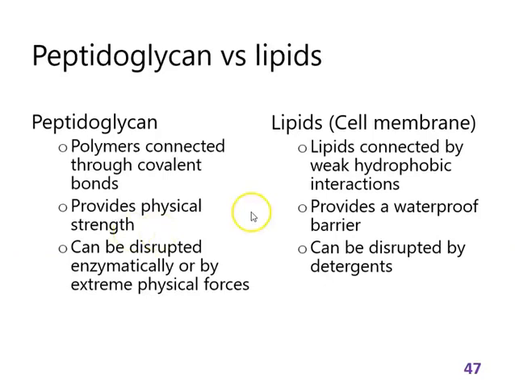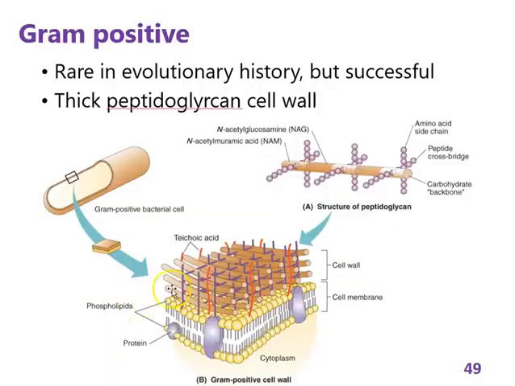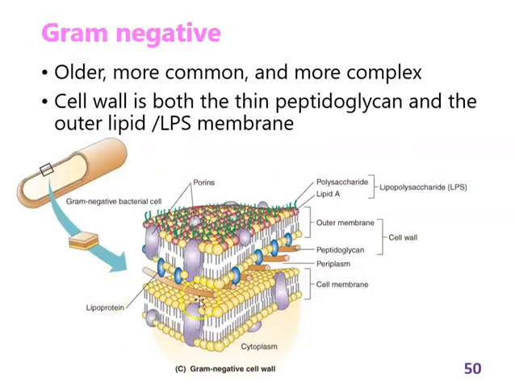Here is a slide that distinguishes peptidoglycan from the cell membrane, things I've just told you. This just describes gram-positive versus gram-negative. And then here's another diagram of a gram-positive cell, what I just mentioned. And here's a gram-negative cell.